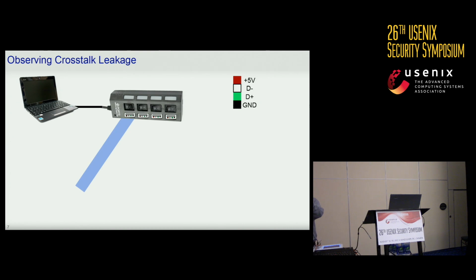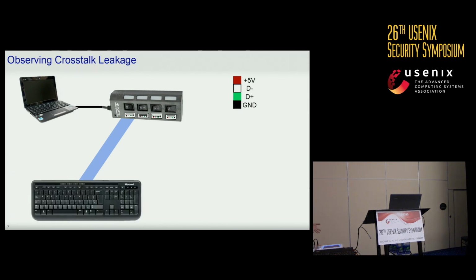As you can see, here's a blue cable, which is connected to a USB keyboard. What you cannot see is that inside this blue cable, there are 4 strands, which provide power to the keyboard and retrieve data back to the host machine.